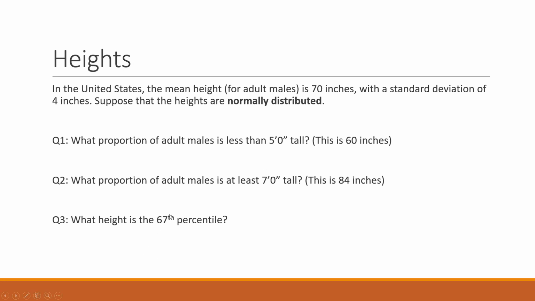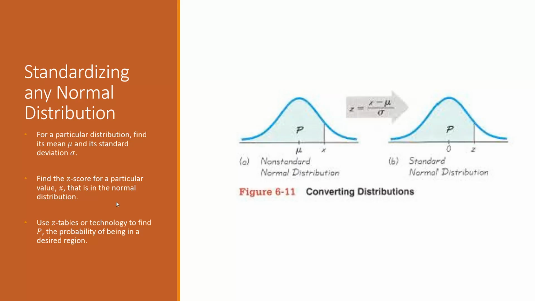So, 67th percentile. Remember that percentile corresponds to being above 67% while still being below the remaining 33%. Well, that's really what we're looking for on a z-table, right?